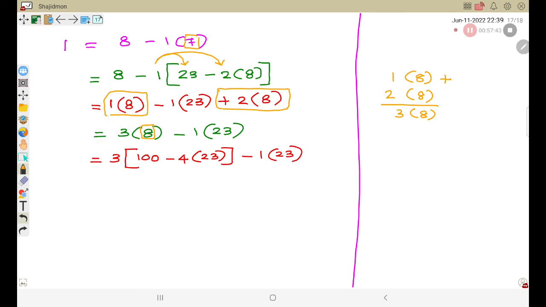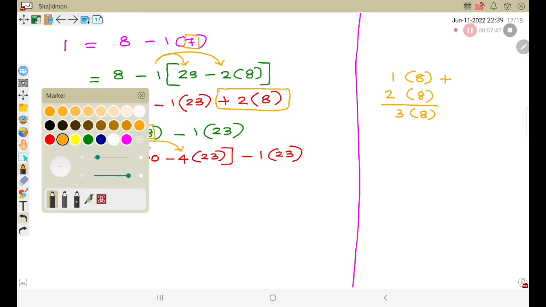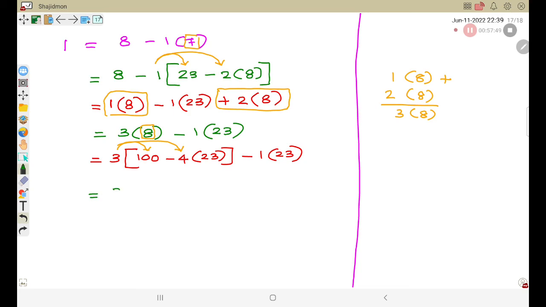Okay, now expand the bracket, 3 multiply 100 and here expand. So you will get 3 multiply 100 minus 4 multiply 3 means 12, multiply 23 in bracket, minus 1 multiply 23.